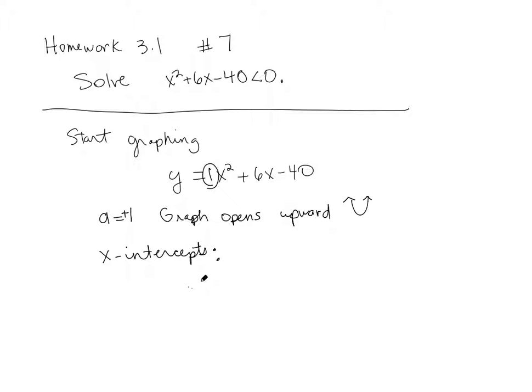So, to find the x-intercepts, we have to think about what it means for the graph to cross the x-axis. It means that at that point where the graph crosses the x-axis, the y-coordinate is 0. So to find the x-intercept, we're going to let y be 0, and use this equation.